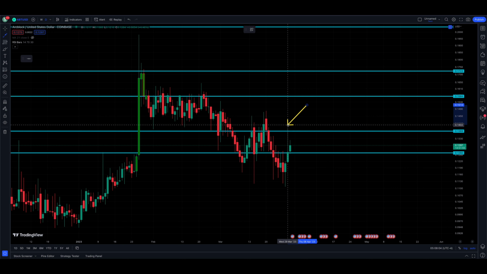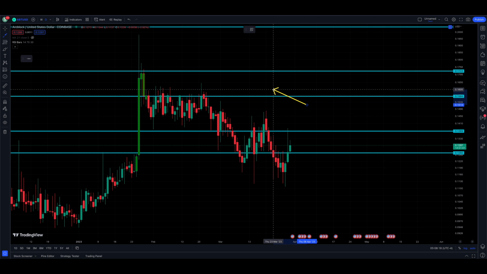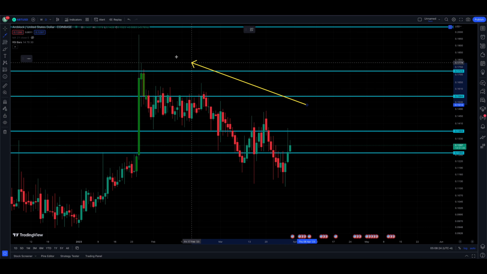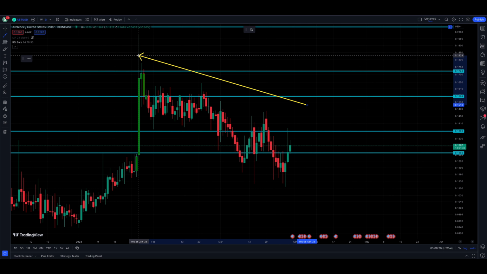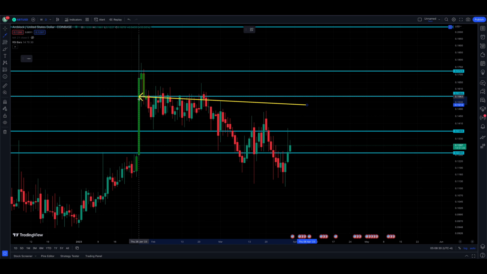And I like to say for a period of time. We don't know how long it will be resistance. Sometimes it's just a couple hours. Sometimes it's much, much longer, weeks or months. We can say that because here is a resistance level that has been valid all the way back till February. Look at right here. This candle on the 26th of January traded all the way up.